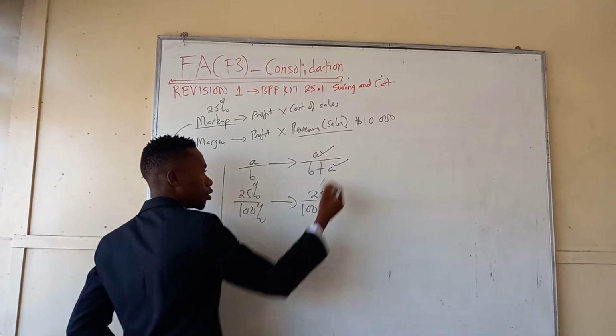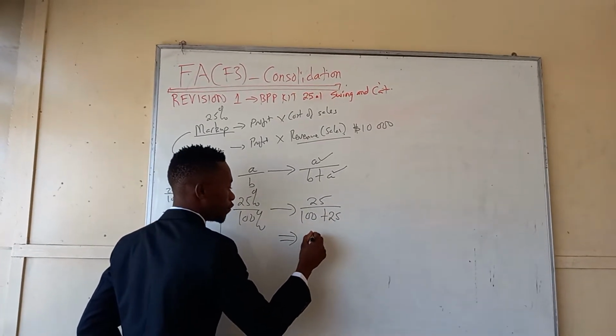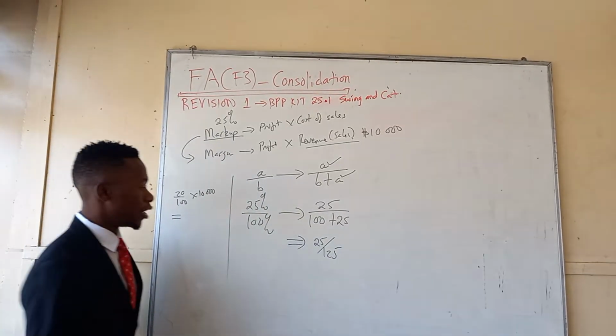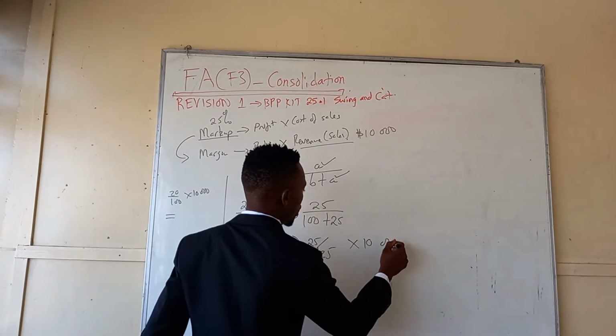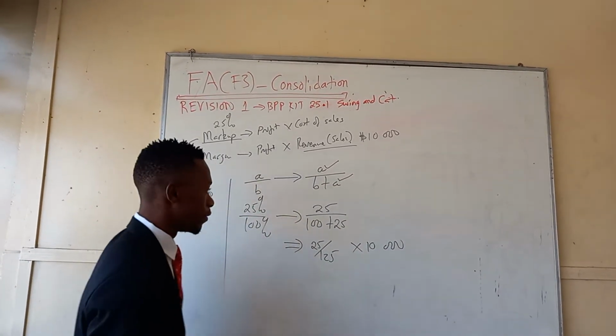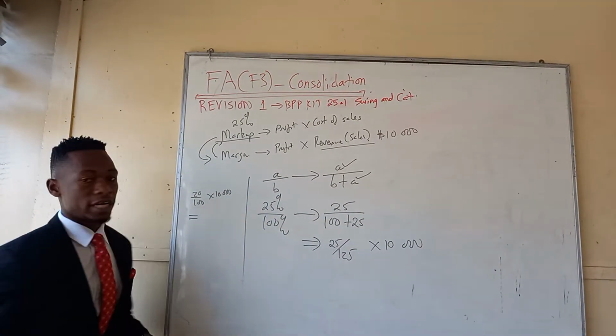A will be the denominator, I have to add the 25, which will be 25 over 125. Then my profit, I'll then multiply by 10,000. Then you get your profit. That's how you convert. When you are converting the margin to markup, that's vice versa.